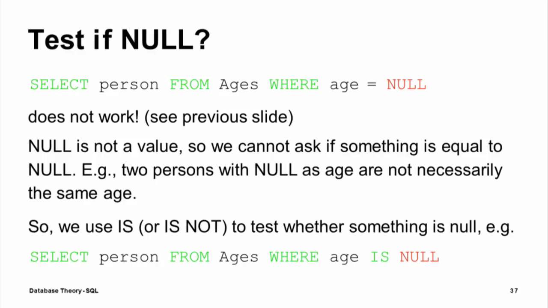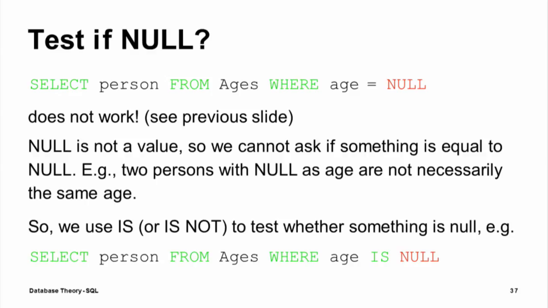And this is also, let's assume, a fair question: should we check something to see whether it is null or not? And if it is null, should we do something? So I think most of us would think, okay, let's use that equality symbol once more, just the way we have here, where we have select person from ages where age equals null. Well, null is unknown.